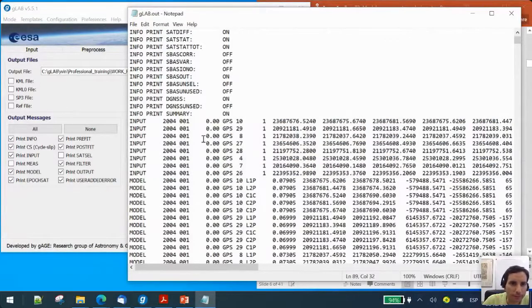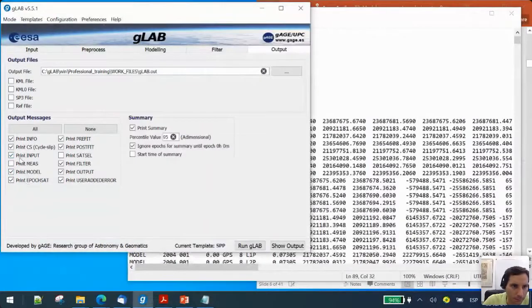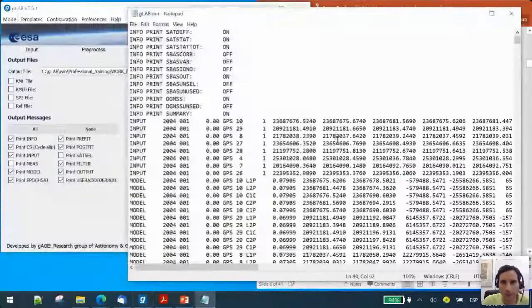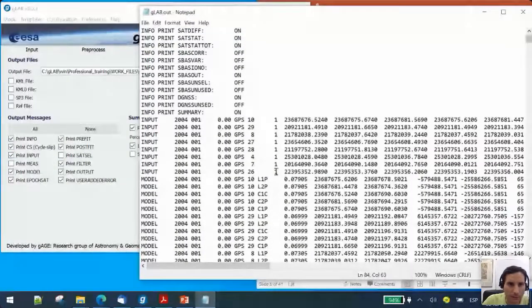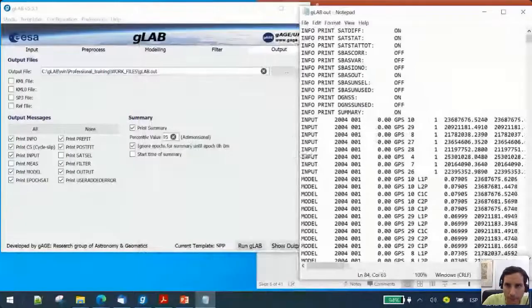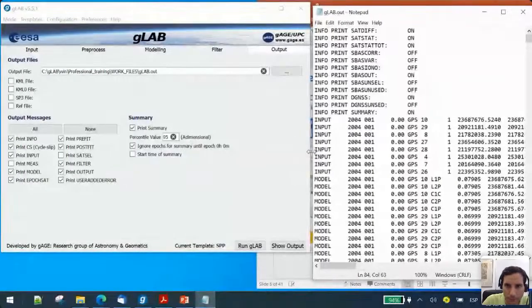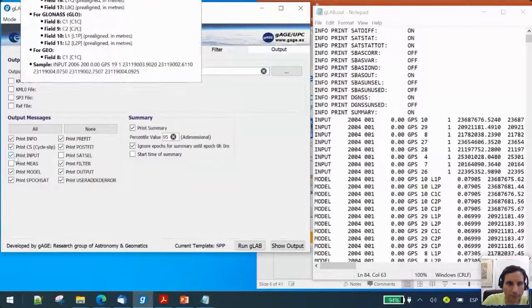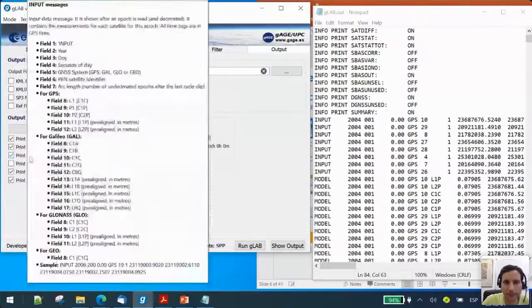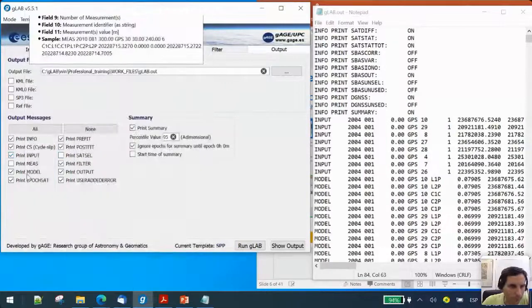Every one of these fields, let me try to see with the input one. All of these fields are the files that are the columns with the model.